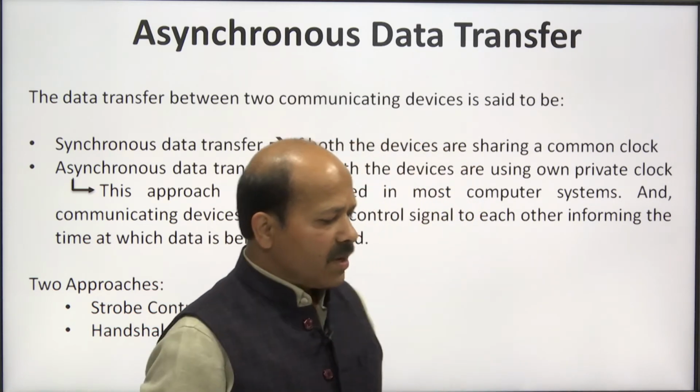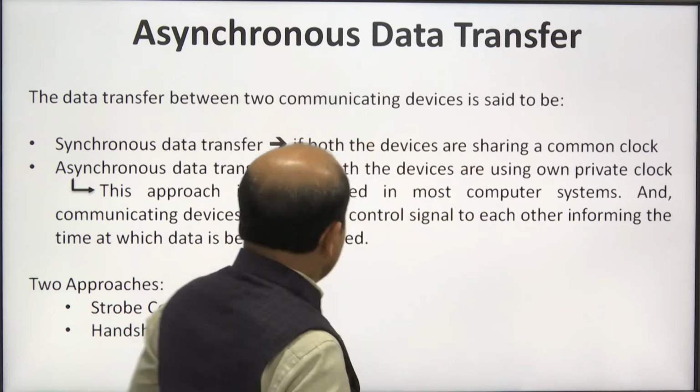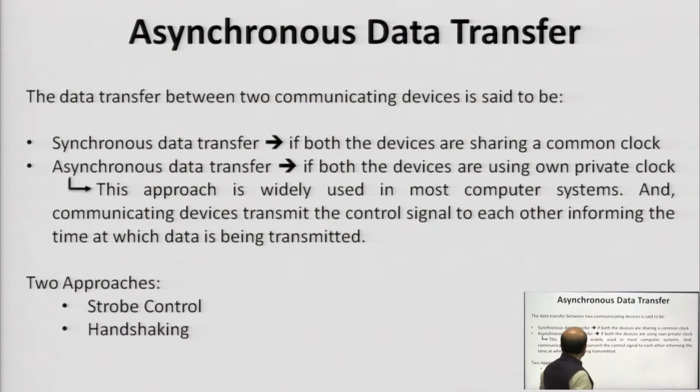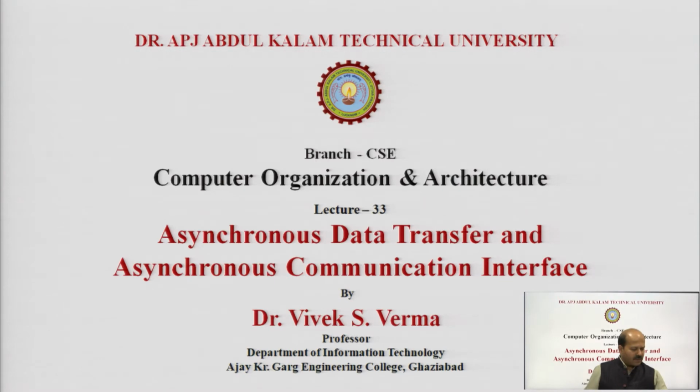There are various ways to synchronize devices which are taking part in communication. Now, first is asynchronous data transfer. There are basically two types of transformation, that is synchronous and asynchronous.